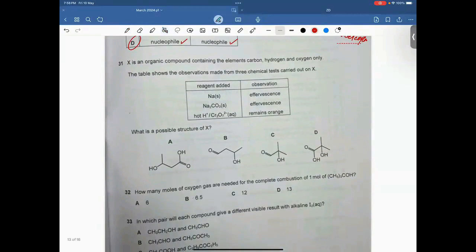Question 31. X is an organic compound containing the elements carbon, hydrogen, and oxygen only. The table shows the observations made from the 3 chemical tests carried out on X. Sodium metal, effervescence is seen. Then it means it can be alcohol or carboxylic acid. Sodium carbonate, effervescence, that means COOH present.